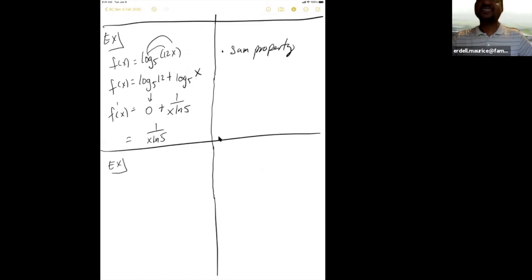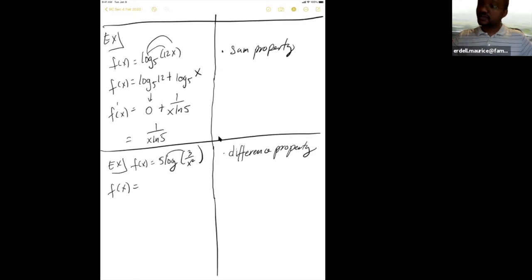Example number 2. If I have f of x equals 5 log of 3 over x squared. Well, I can use the difference property. And so f of x is going to be 5 log of 3, and then minus 5 log of x squared.